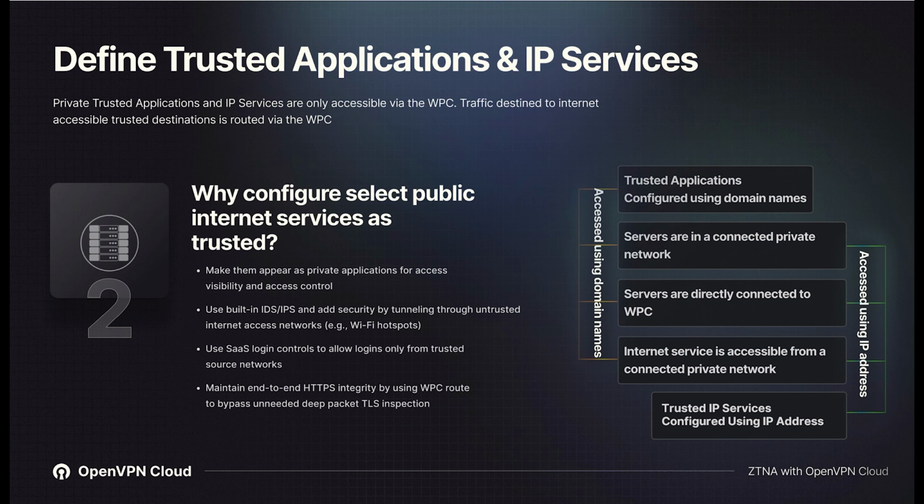For this scenario, the IP services, you need to use traditional IP address routing and configure a route for the network as well. This way OpenVPN Cloud knows what subnet those resources are located in and how to route the traffic.